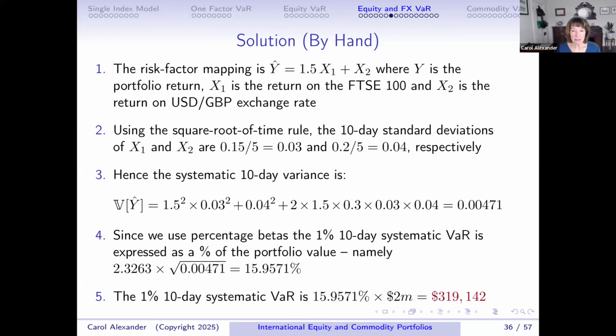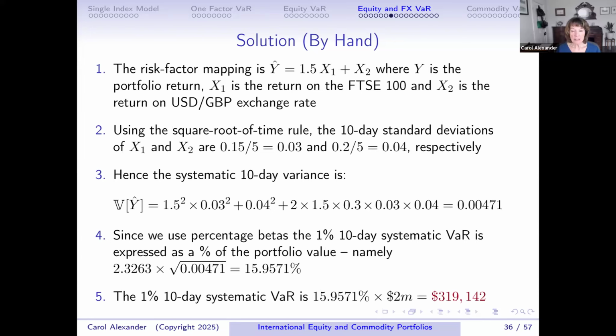Now we take the variance of y hat equals 1.5 x1 plus x2, which gives us 1.5 squared times the variance of x1, which on the 10-day scale is 0.03 squared. And then we've got 1 squared, which I haven't written, times the variance of x2, which is 0.04 squared on the 10-day scale.